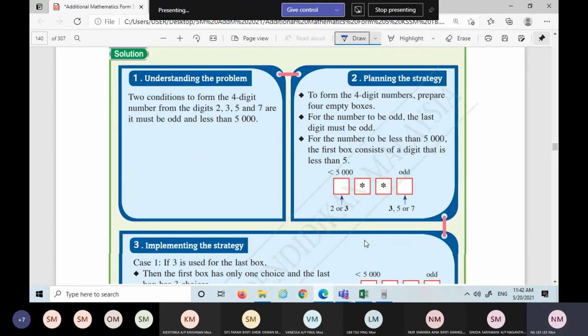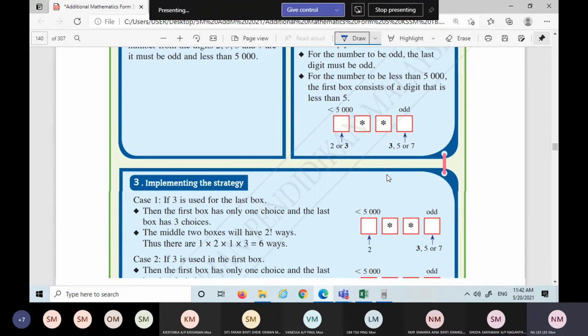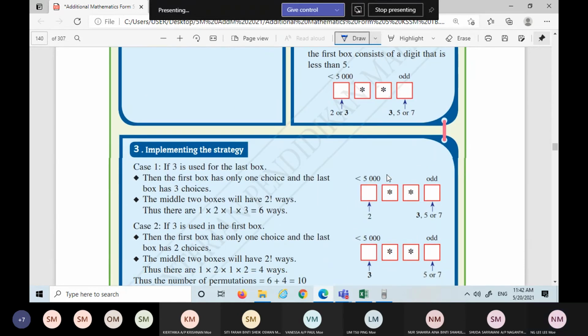But remember, 3 is repeated here, while 2 is not in the last digit. So for this case, you have to divide into 2 cases. One case is when the first digit is 2, the second case is when the first digit is 3.